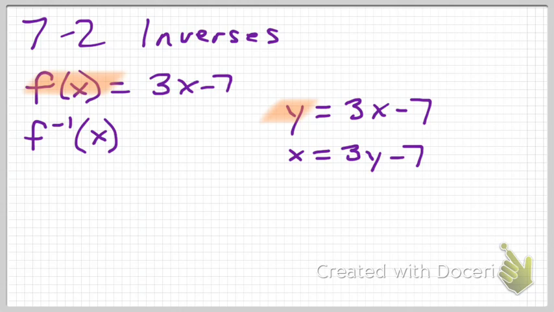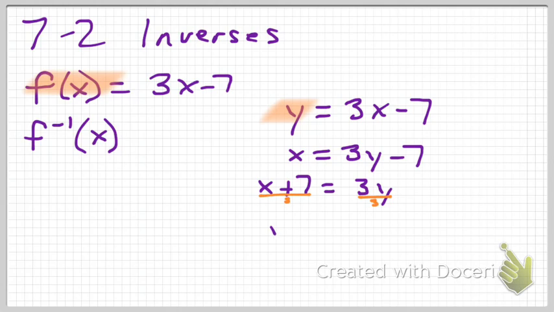So we're going to add the 7 and then divide by 3. And then I'm going to write my answer in slope-intercept form. So over here on the left side, each part of this x plus 7, each part gets a 3.